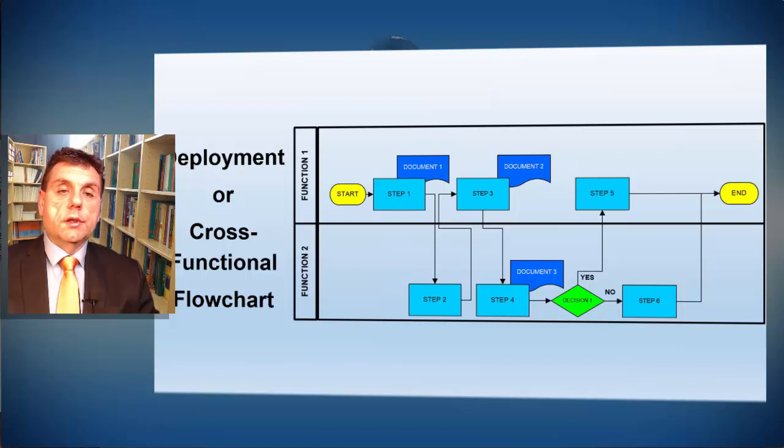In this particular case, we start with function 1, execute step 1, then we go to step 2 with function 2, then we go back to function 1 to execute step 3, and so on and so on. So in this particular case, we can show the different functions within the organization and their involvement in certain procedures.